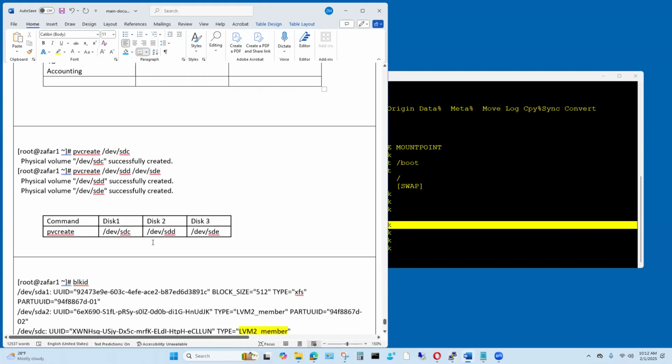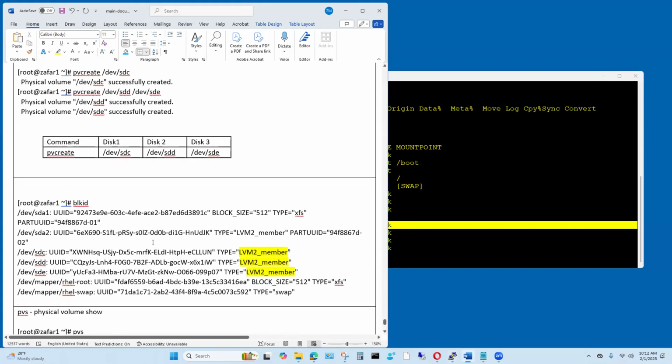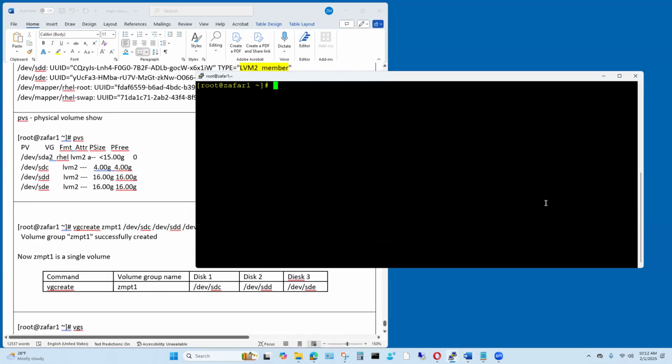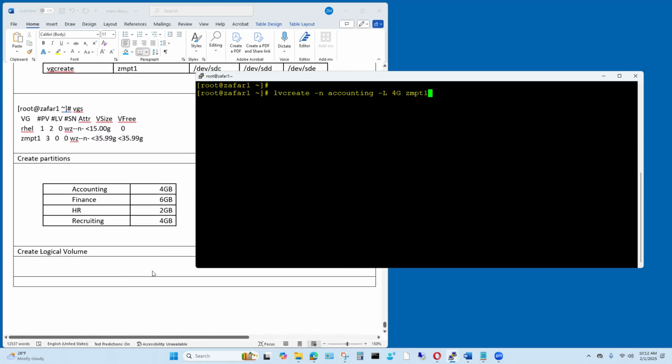Yeah. So let's see here. Let me clear this screen and come back here. Instead of accounting, we're going to change it to 6 GB for finance.